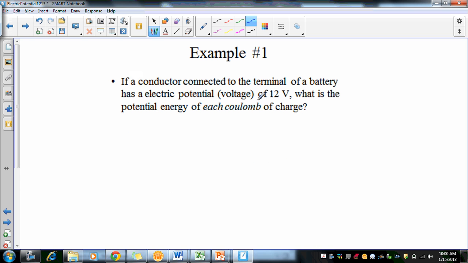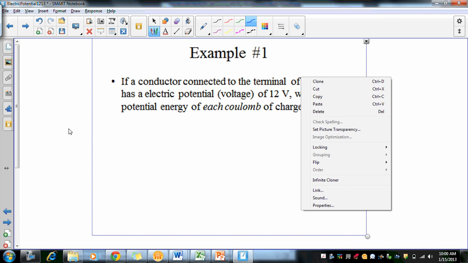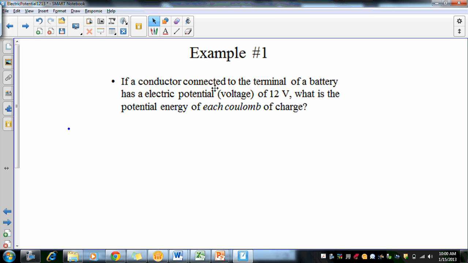Let's do some examples. If a conductor connected to a terminal of a battery has an electric potential or a voltage of 12 volts, what is the potential energy of each coulomb of charge? So we want to know how much potential energy does each coulomb have.